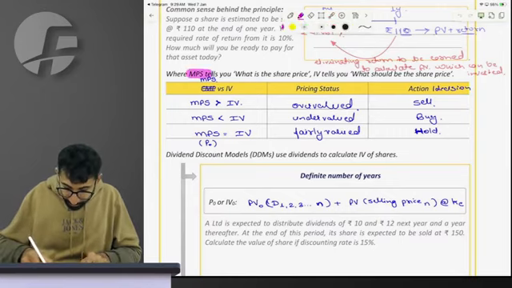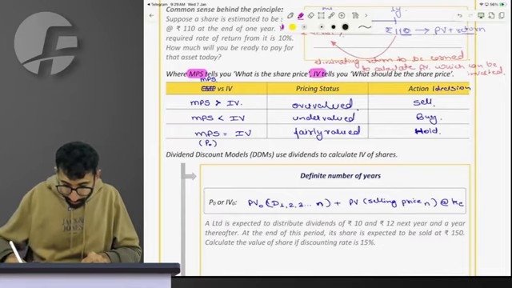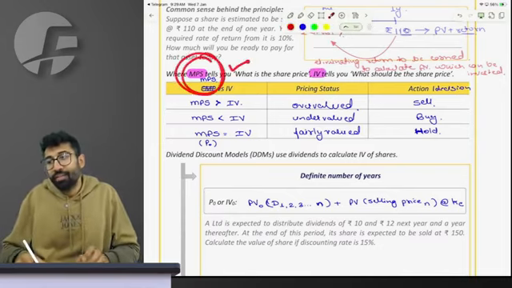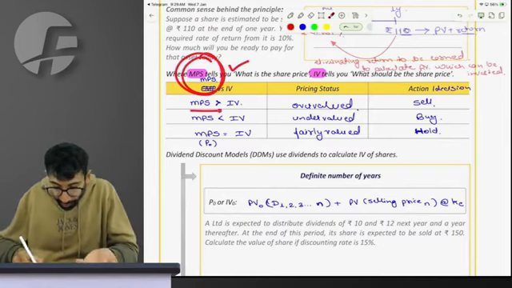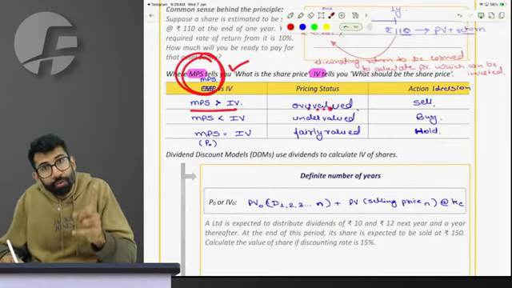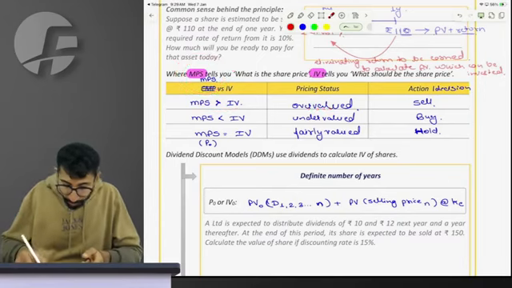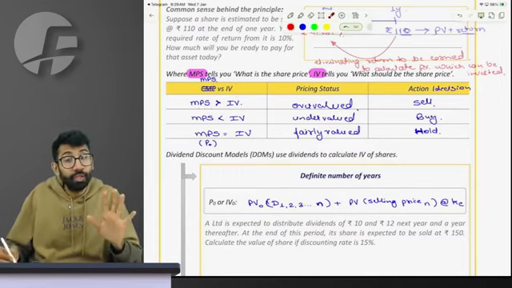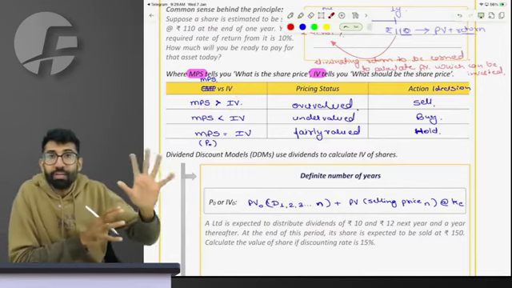One is MPS, another is intrinsic value. You have to always comment on MPS. If MPS is more than intrinsic value, you call the share to be overvalued. You don't have to comment on the intrinsic value, that if the intrinsic value is less than MPS, then the share is undervalued. No. What is there in the market, you actually comment on it.